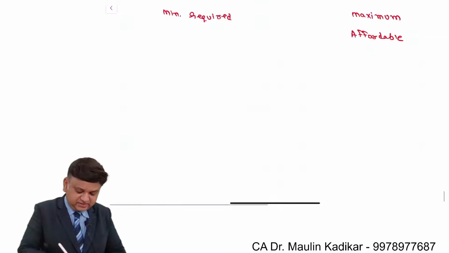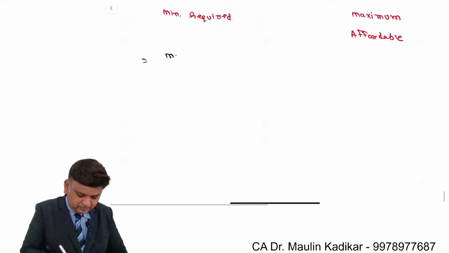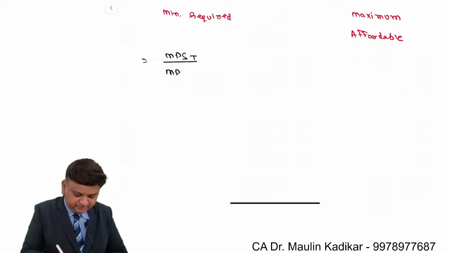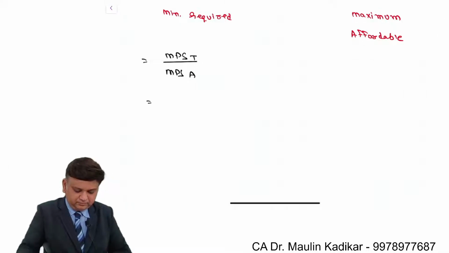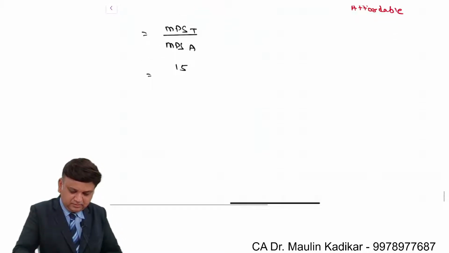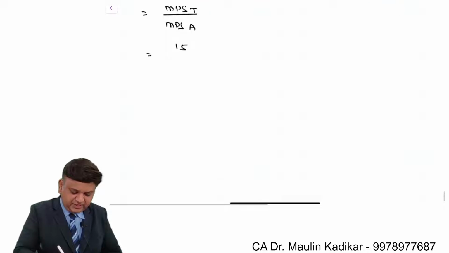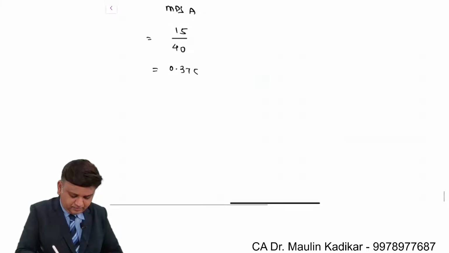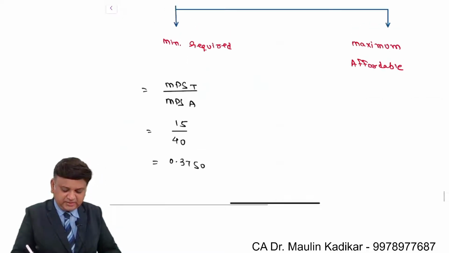Minimum required is MPS of T divided by MPS of A. MPS of T is 15. MPS of A is 40. So it is 0.3750.